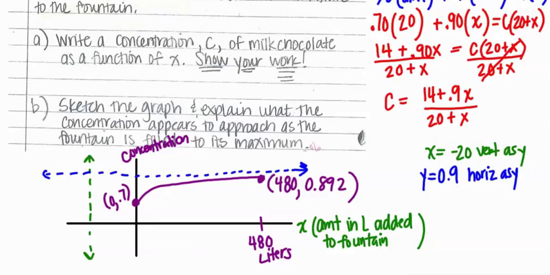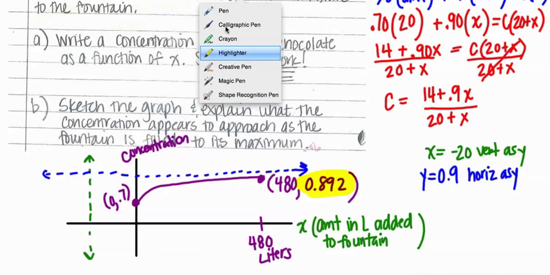Now let's look at the question that it asks. It specifically asks us, what does the concentration appear to approach as the fountain is filled to its maximum? It does not say as we approach infinity or as we add an infinite amount, what is the concentration? It says what is the concentration as the fountain is filled to its maximum. So the concentration as the fountain is filled to its maximum is 89.2%.